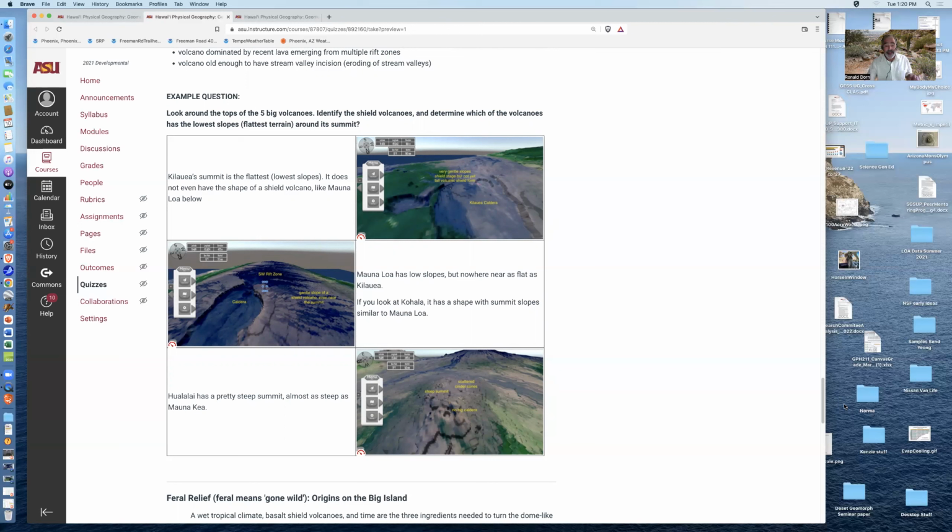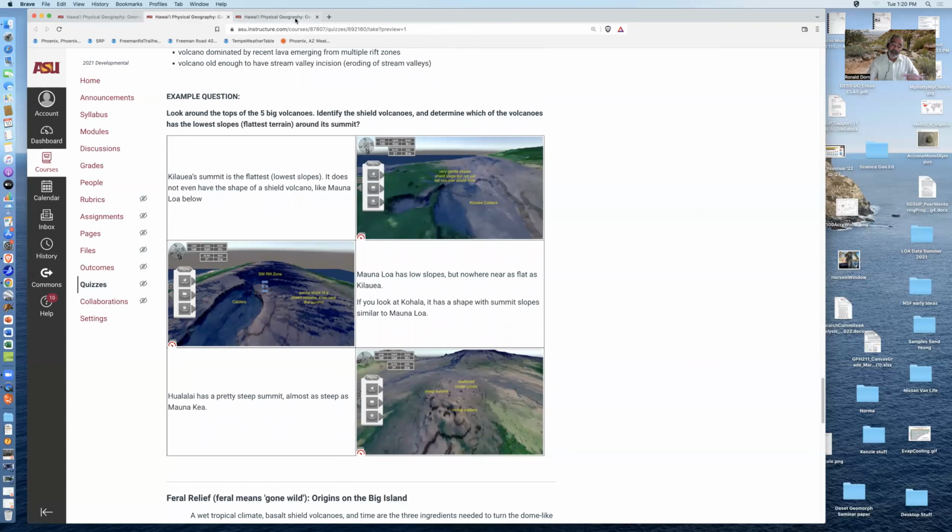You are given choices of Mauna Loa, which has a dome-like shape at the summit, Hualalai, which is pretty steep at the summit, and Kilauea, which is actually the flattest volcano.